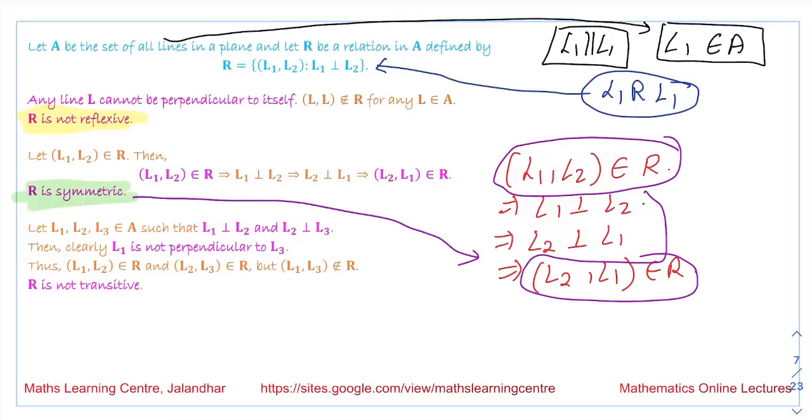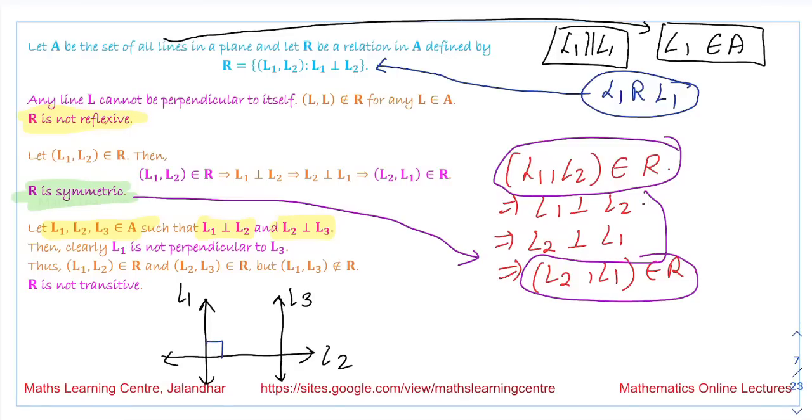Third, if L1, L2, L3 are three lines such that L1 is perpendicular to L2 and L2 is perpendicular to L3. Say this is the line L2, and we have considered another line in the plane, L1, which is perpendicular to this, and another line L3 which is perpendicular to L2.